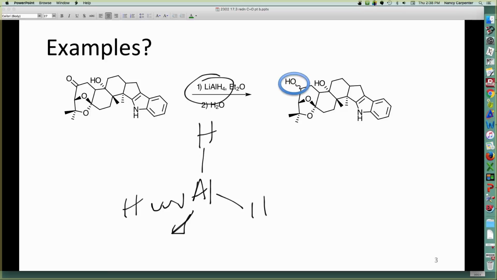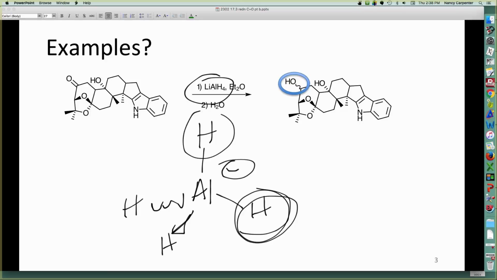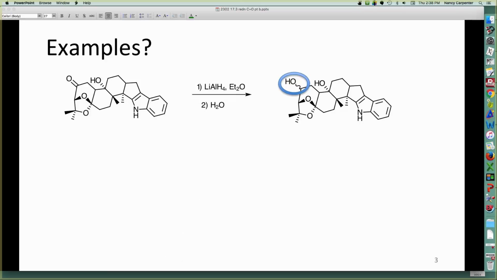So when I add one equivalent of lithium aluminum hydride, I'm actually adding 4 equivalents of hydrogen. So in fact, it is extremely likely that I am deprotonating this and deprotonating this, and I still have plenty of lithium aluminum hydride left over to go ahead and reduce my ketone.